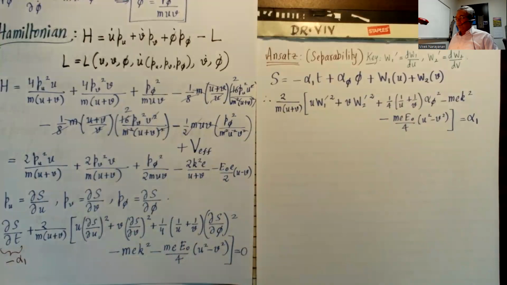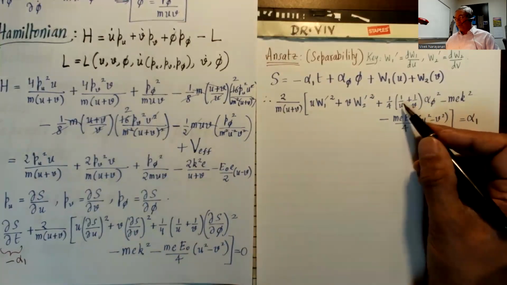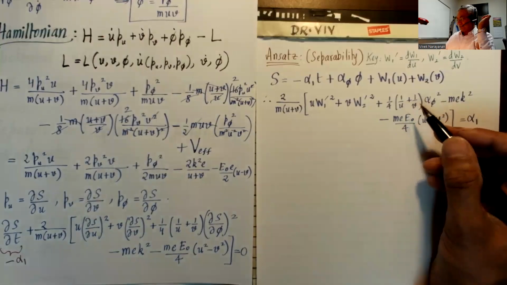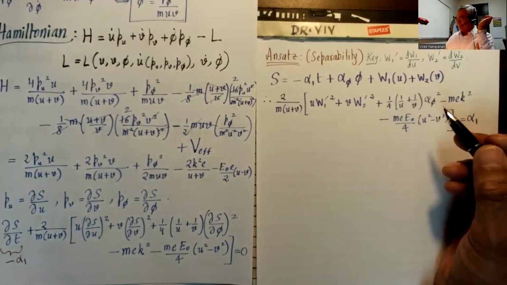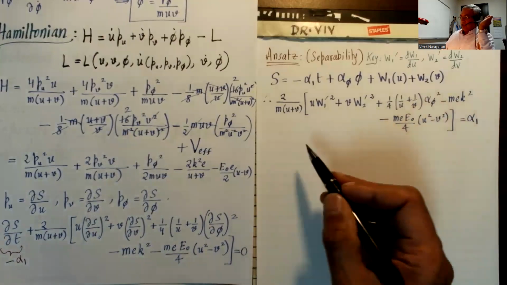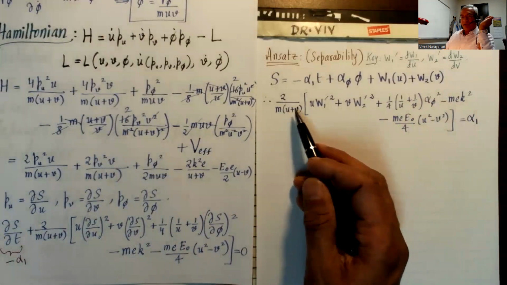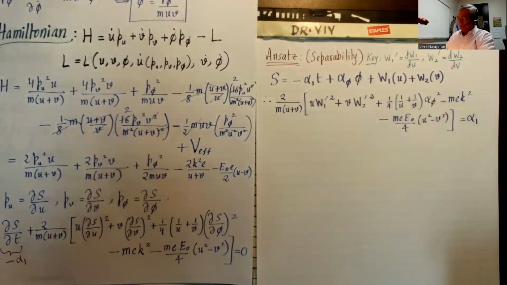Separate means we bring all the u stuff to one side, all the v stuff to one side. Let's see if I can do this. Actually, I can, because observe, I can write 1 over u plus 1 over v as, again, so, okay, one thing I'll do is I'll multiply both sides first by m times u plus v and divide both sides by 2. Let me do that first.